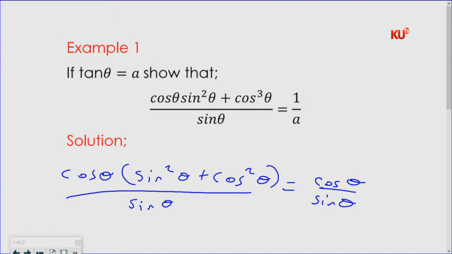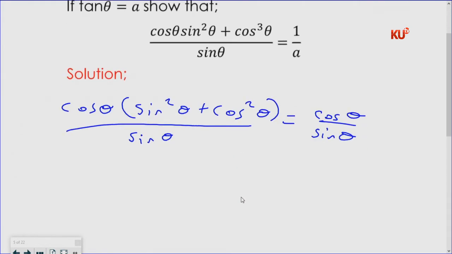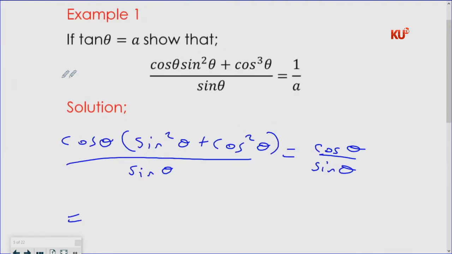So we can move down. You have to remember we are looking at this one here. We have tan theta is equal to A. Let me rub this part first.